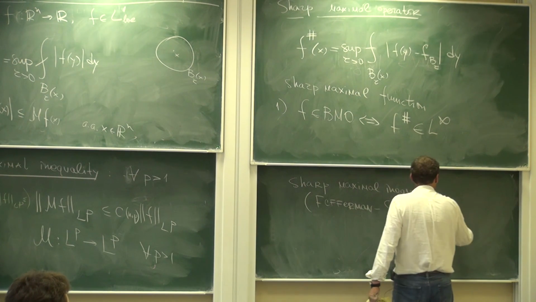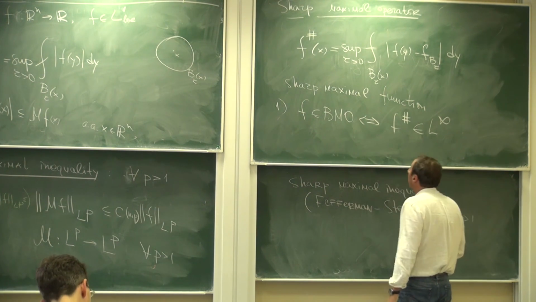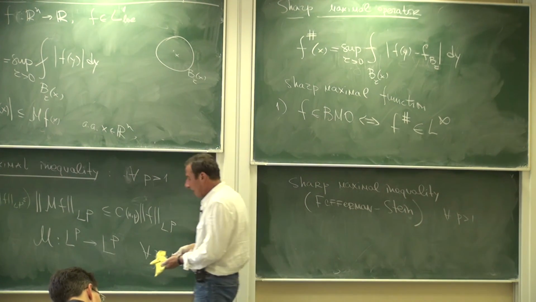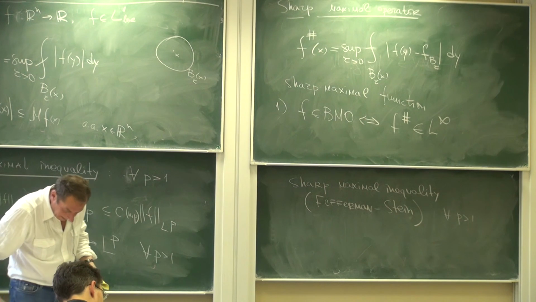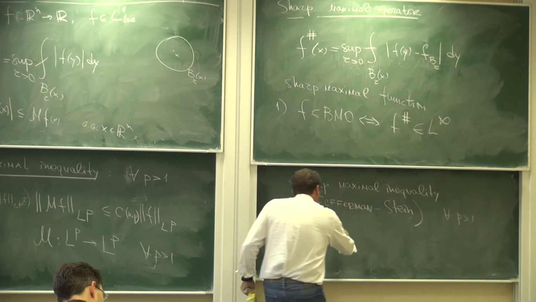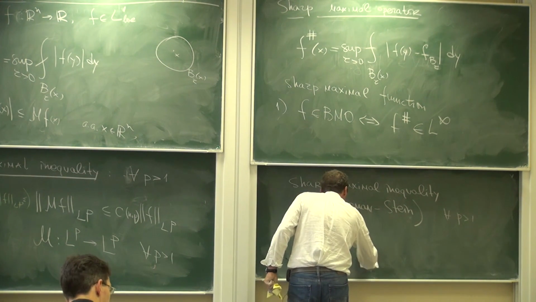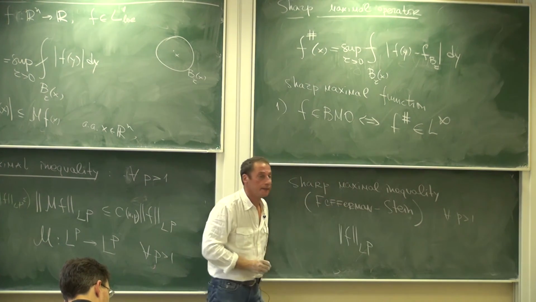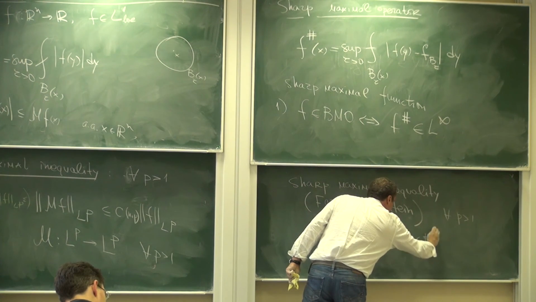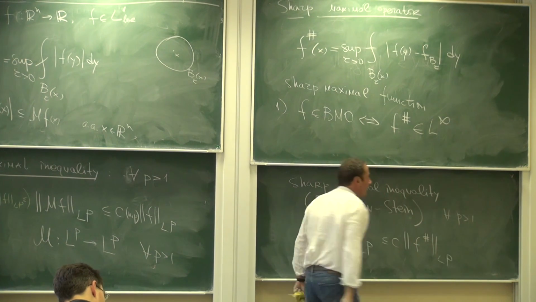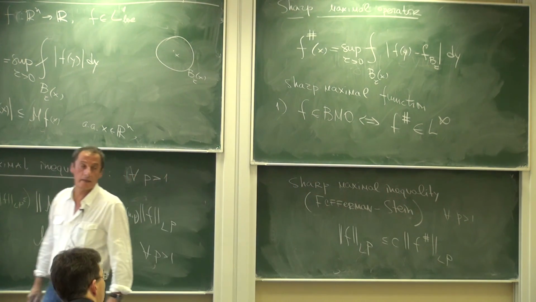Which says that for each p greater than 1, you can estimate the L^p norm of a function f in terms of the L^p norm of its sharp maximal function.